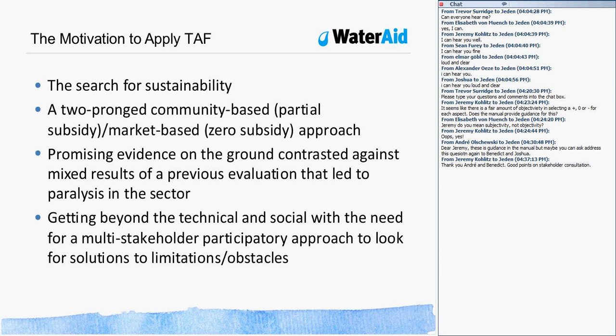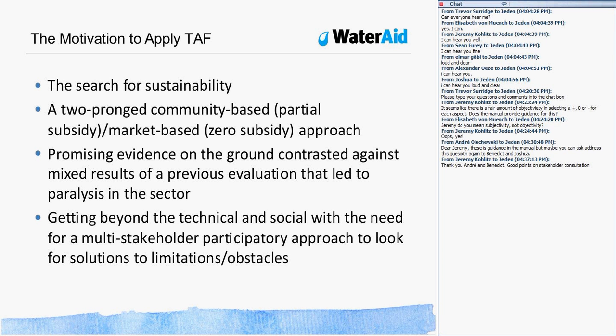The other motivation was that we were finding some promising evidence on the ground, and this contrasted somewhat with the mixed results or the paralysis in the sector that we were finding as a result of a previous evaluation that was limited to the technical functioning of the system and its acceptability.